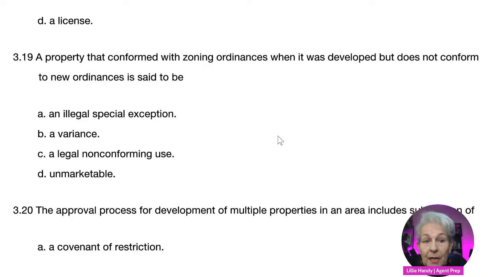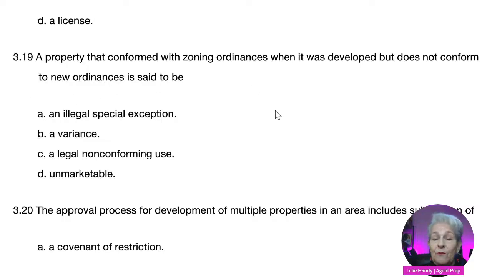We've been talking about all these zoning uses, right? If something changes, no, it's not B, sorry. It's non-conforming use. So it says a property that conformed with zoning ordinance when it was developed, but does not conform to new ordinances is said to be.